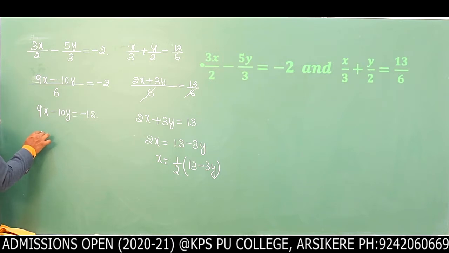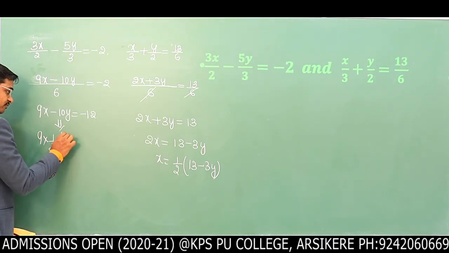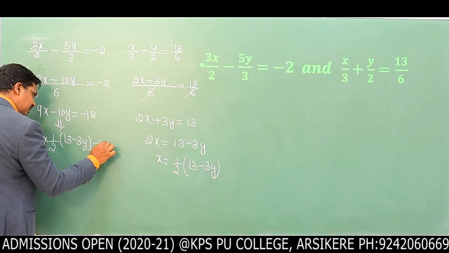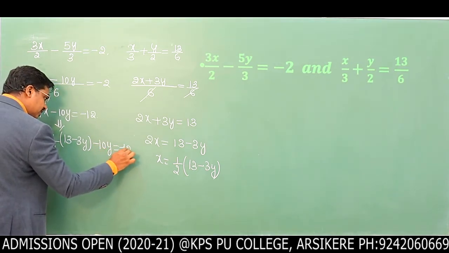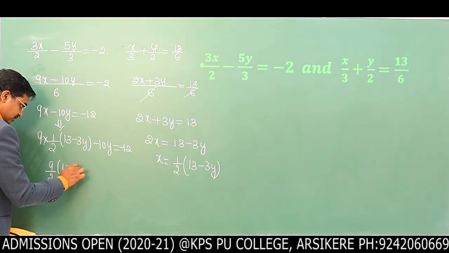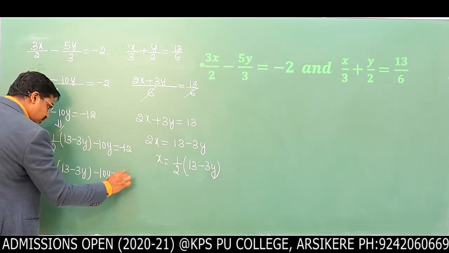So this becomes 9 into, what is the x value, we replace x by 1 by 2 times 13 minus 3y, minus 10y is equal to minus 12. So 9 divided by 2, remaining 13 minus 3y, minus 10y is equal to minus 12.